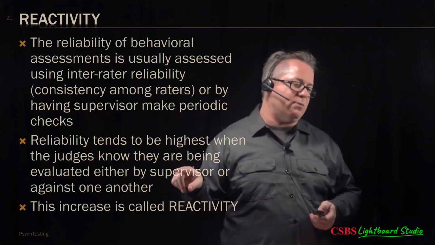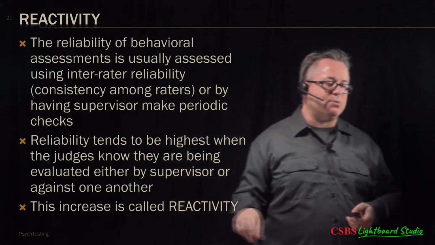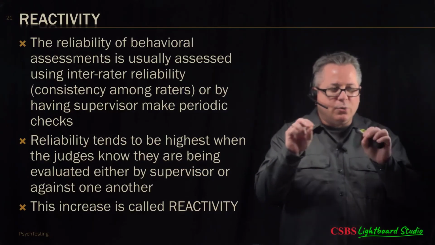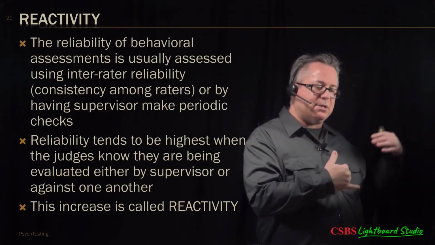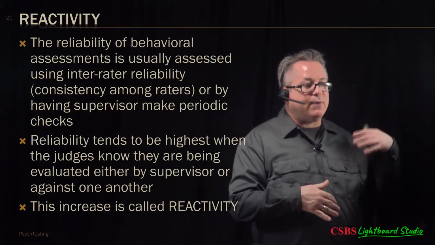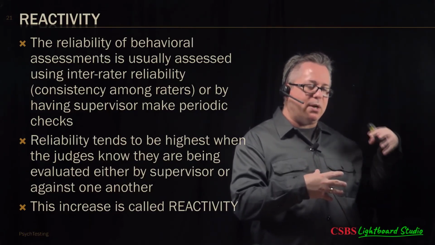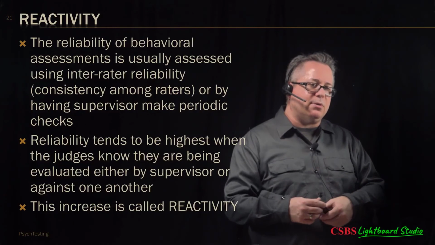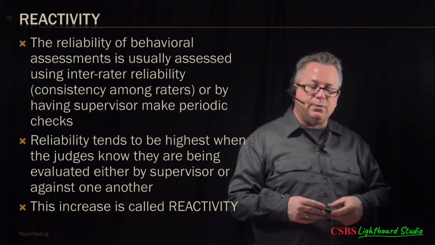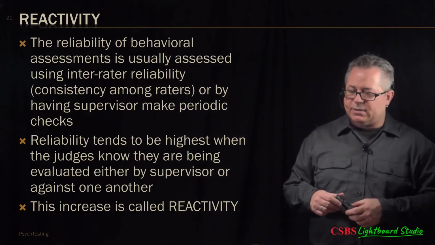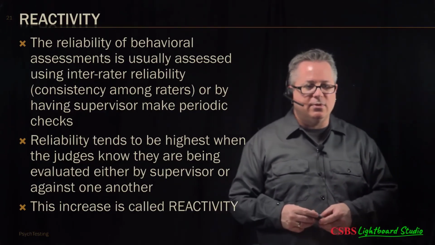But it's also true that if you know your supervisor is watching you, you tune in more and do a better job of watching. It's sort of like the Hawthorne effect on you. You're changing your behavior knowing you're being watched, which is increasing the accuracy and reliability of your assessment, which in turn is a form of reactivity.